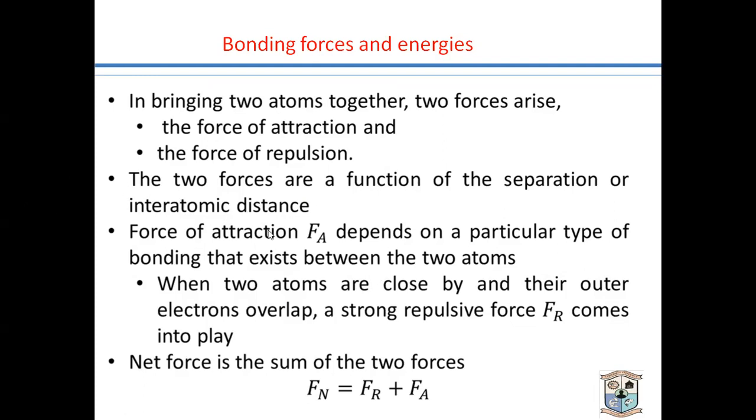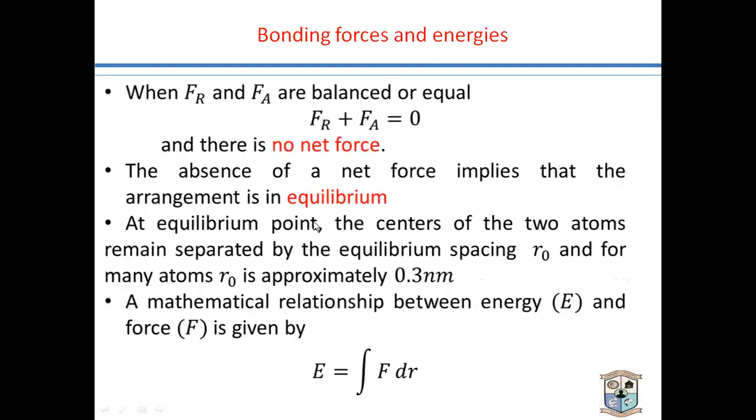Okay, so when Fr and Fa are balanced, then they equal 0, where your repulsive force is equal to your attractive force. So if you have a negative value, -10 for example, and Fa is +10, your answer will be 0. So there is no net force in such a case.